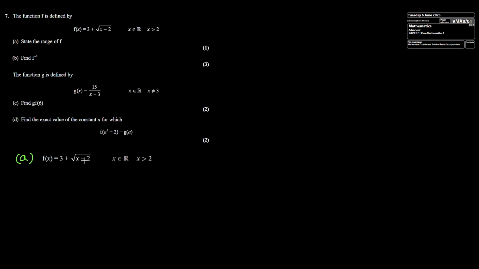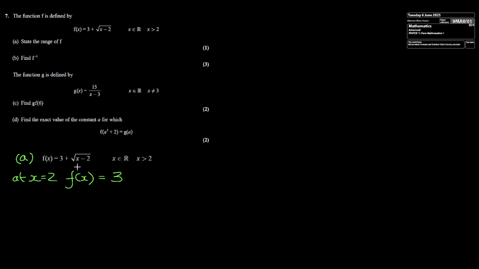What effect does that have on the range? Well, we've got to substitute x is equal to 2 to start with, and then see what happens. If x is equal to 2, this term disappears to 0, and we're just left with 3. Now, x being greater than 2, if x keeps clocking up, this will keep getting larger and larger.